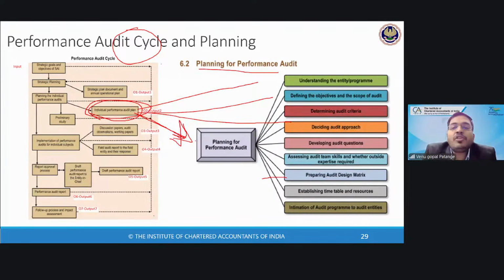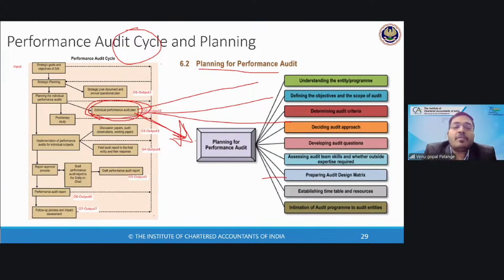This individual performance audit plan has further breakup, which we will see in a moment. Then you will do a preliminary study about the organization, everything. So now we came from very high level to a specific entity, specific ministry, specific program, specific activity, specific function.